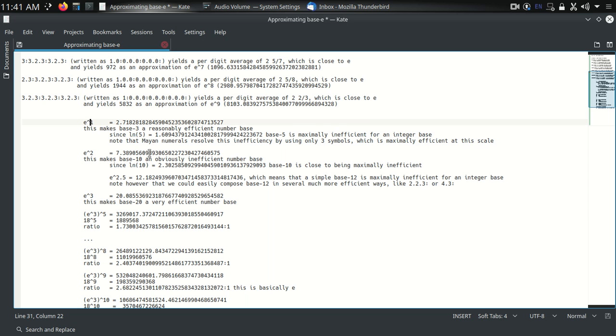But now note that in my numerals, they resolved this inefficiency by using only 3 symbols. They had a symbol for 0, they had a symbol for 1, and they had a symbol for 5. And what they did is they would just write up to 4 1s to indicate 1, 2, 3, and 4. But they're only using 3 symbols.